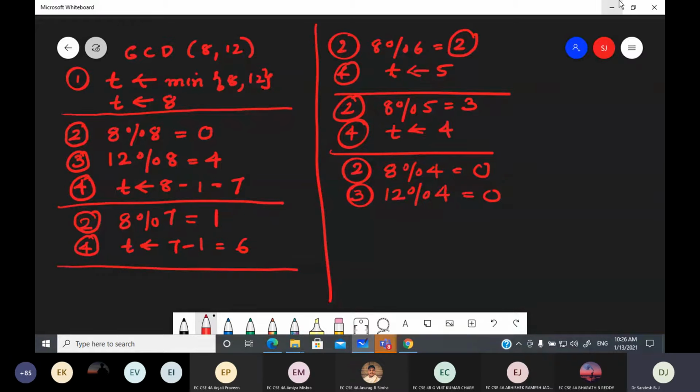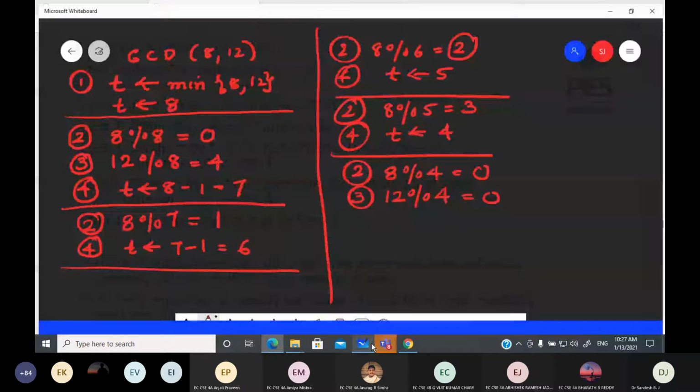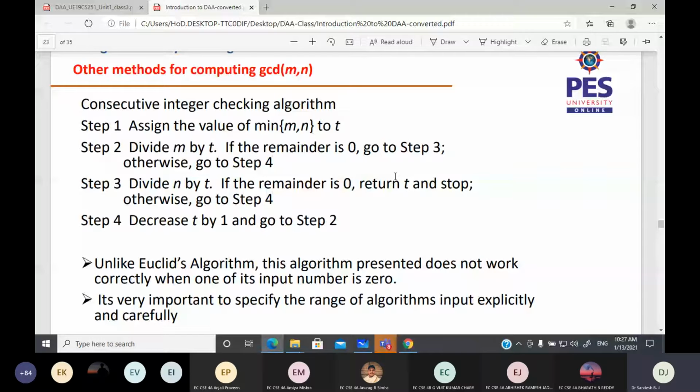If the remainder in step 3 is also 0, then what are you going to do? You are returning t, and you will return 4 as the GCD of these two numbers. Right? So this is the second algorithm to find the GCD of two numbers.